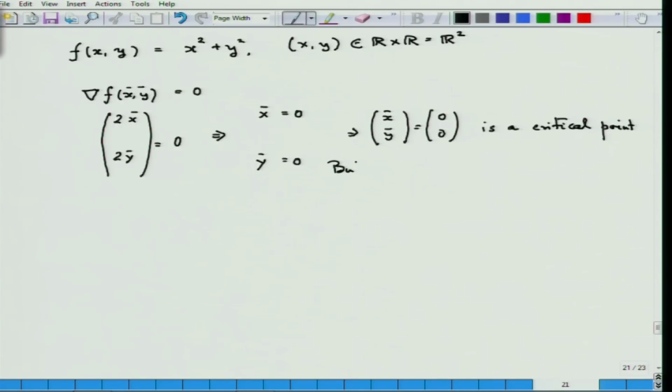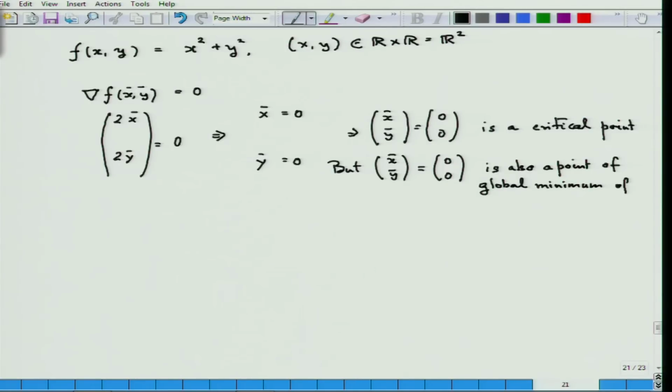But x bar y bar equal to 0 0 is also a point of global minima of the function. How do I know this fact? Because you observe that x square plus y square is always greater than or equal to 0.